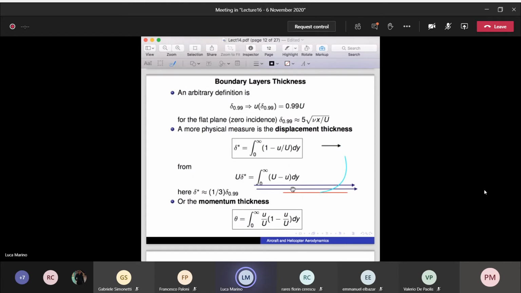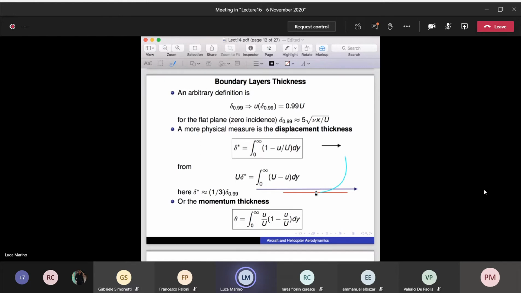Okay, and so also the streamlines will be different. The streamlines, for example, will not be parallel, but will be approaching the flat plate. We know that the streamlines will be something like this one, for example. Okay.